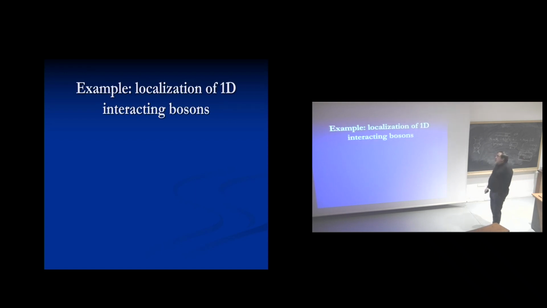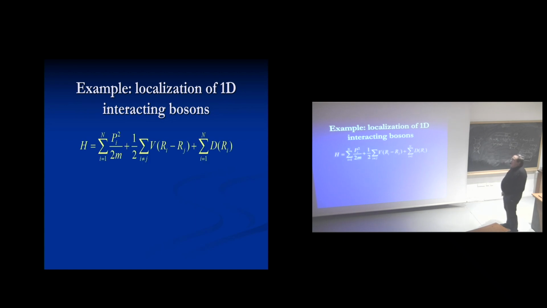And the answer is yes, we can treat it by the same technology. And of course, when I put disorder on a 1D system, I know it will have a very drastic effect. So here is my Hamiltonian: kinetic energy, interactions between the bosons, here written in first quantization, and then some disorder here, which will depend on which point I'm in.